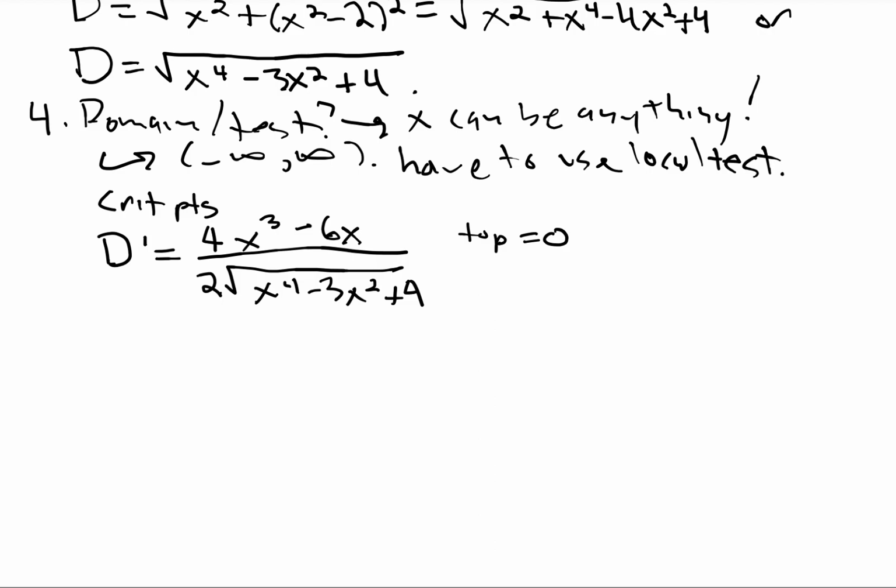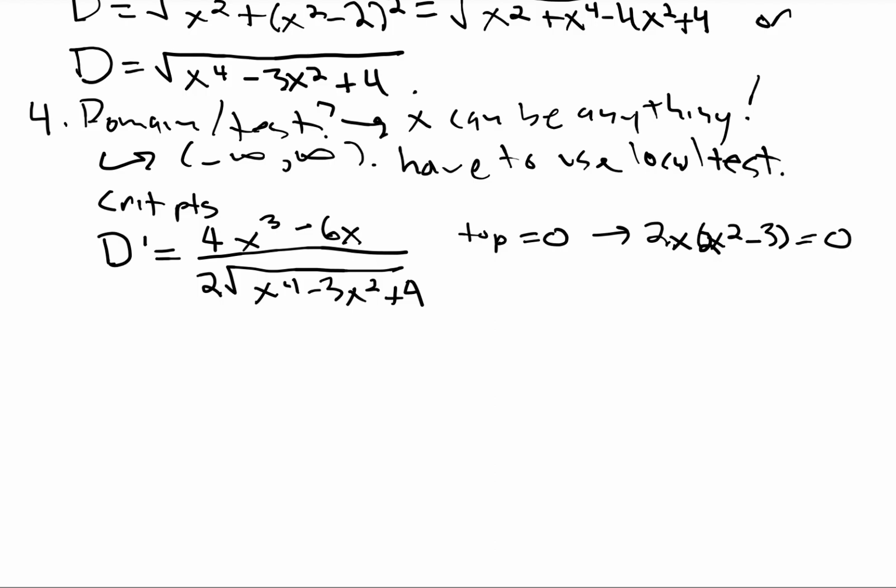We are going to get, let's see, I can pull out a 2x multiplied by x squared minus 3 here, I believe. Yeah, 2x times 2x squared minus 3.